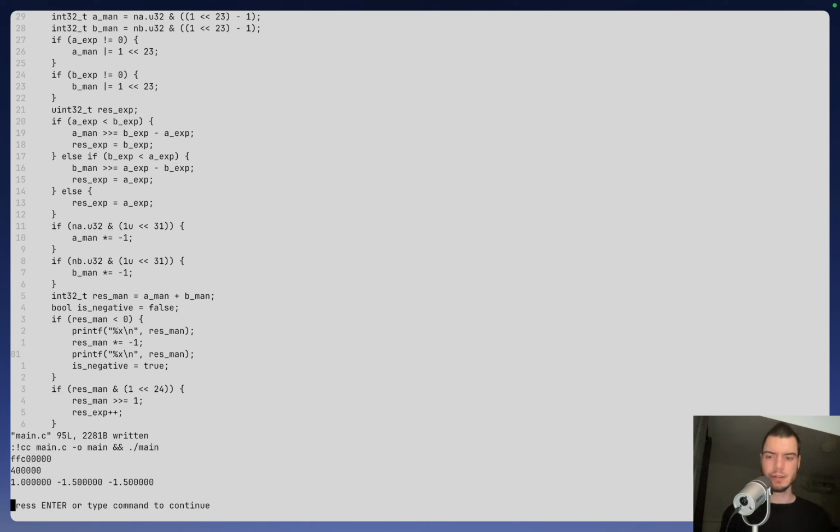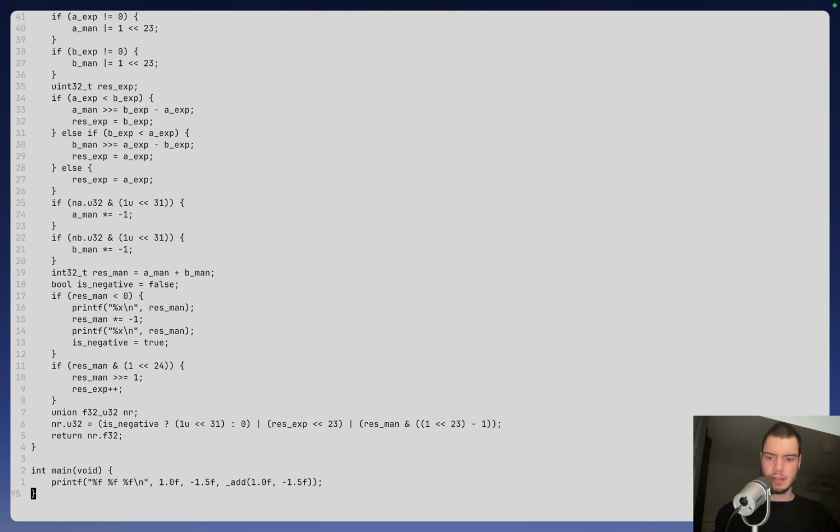All right, I've had a look through this, and I think I know where our issue is. What I've done right here, I've taken our two input values, 1 and minus 1.5, and I've followed through this calculation. And I'm just printing the resulting mantissa in hex after the multiplication by minus 1 to make it positive.